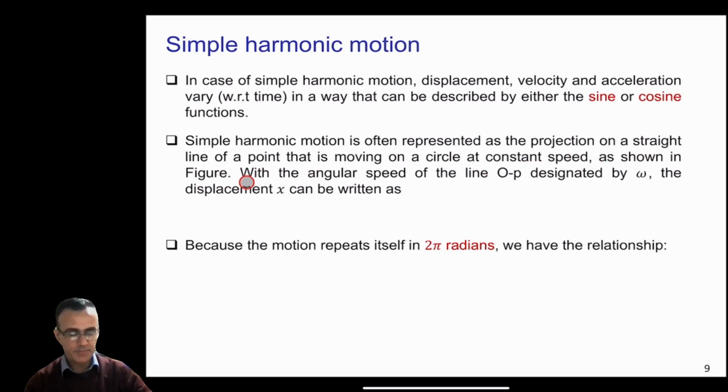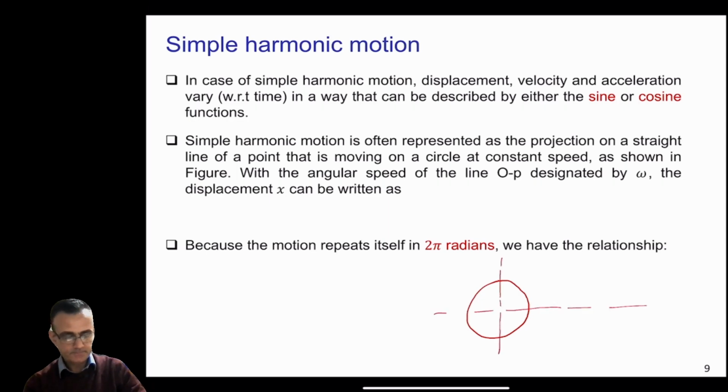So in this case, if you consider this figure here, this is our O, the center, and this is our point P. And for example, this point P is moving along this circle, and the angle here is theta, which is omega t, and omega is obviously the angular velocity here.